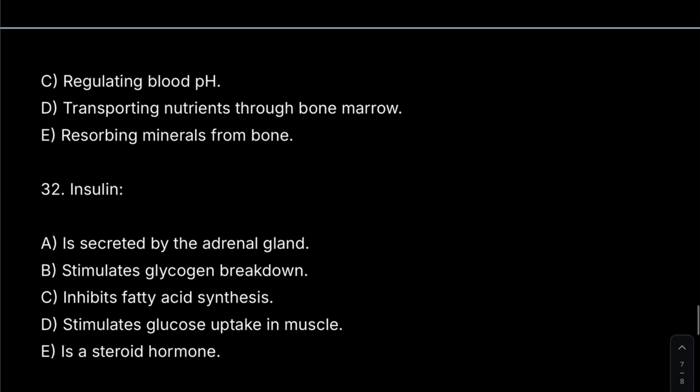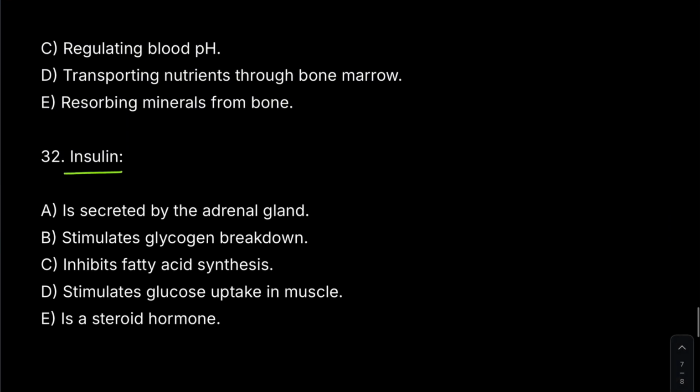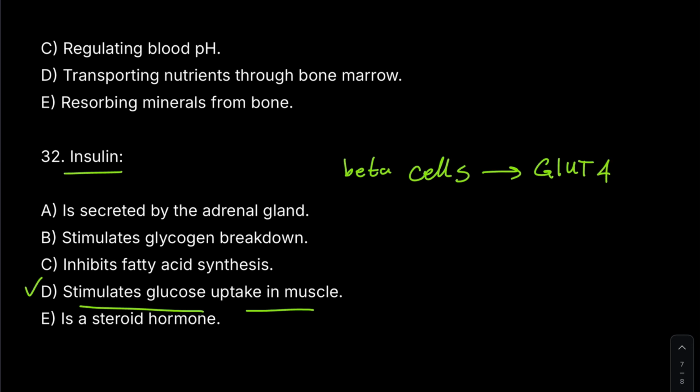And the last question, insulin is, the correct answer is D. It stimulates glucose uptake in muscles. Insulin is produced by the beta cells of the pancreas. It stimulates GLUT4 transporters to move to the cell membrane in muscle and adipose tissue, increasing glucose uptake.